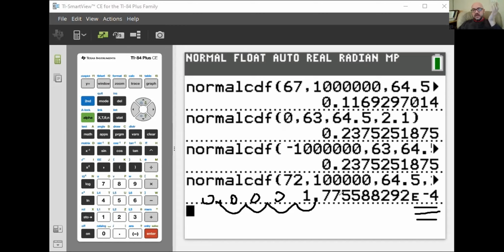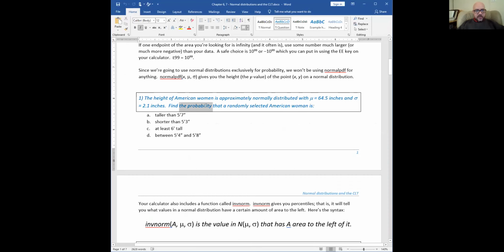I'm going to erase all this stuff. What we're finding when we do this is I'm looking for the probability that a randomly selected American woman is at least 6 feet tall. Well, it's not 177%. Without doing any further work, without even knowing what the answer is, I can tell that if you put 1.77 for this, definitely not.